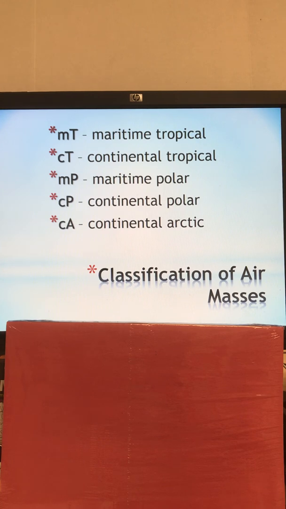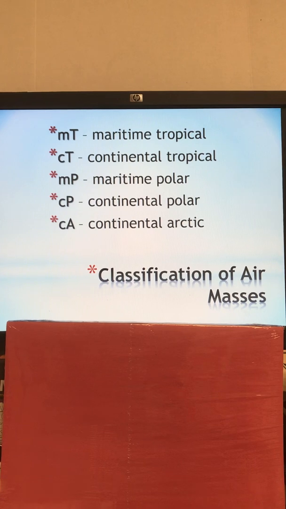Then you should know, and it should come pretty easy to you, that Arctic would be colder than polar. Okay? And so, ice-capped poles of the Earth are all going to be continental Arctic. Super cold above a solid mass, which is ice. And we call it continental because it's not water. It's not water in the fashion of ocean.